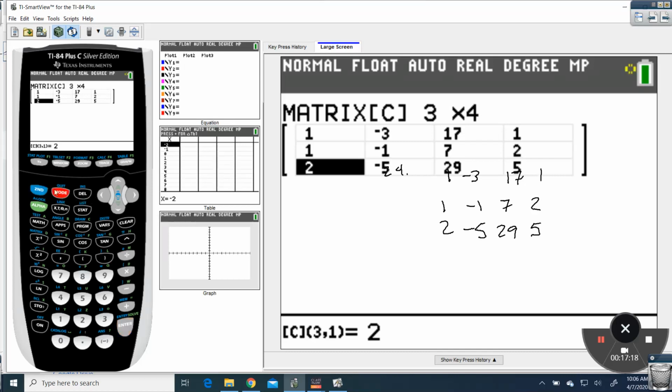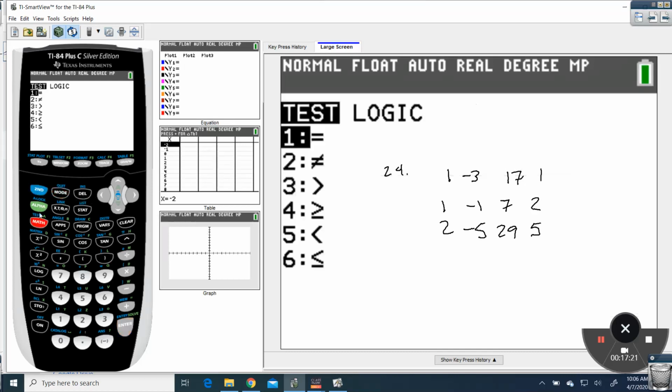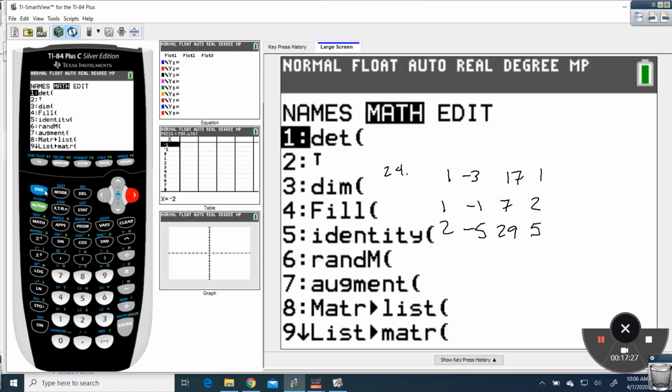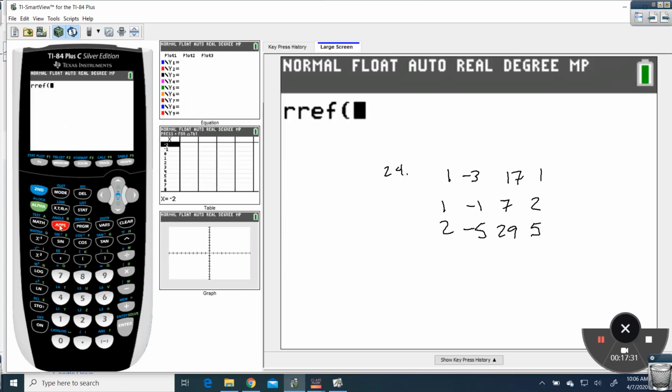So now I quit. I go second, not math, second matrix, and then to math, and then it was B. So if I hit alpha apps, that takes me to the B one, because that's the little B right there in green. So if I choose alpha B, that takes me right to it. And I go second matrix.